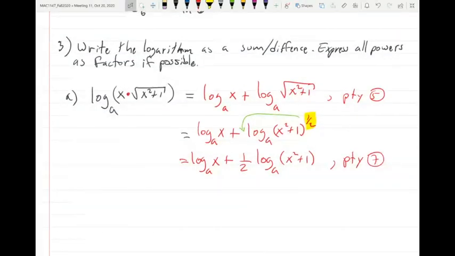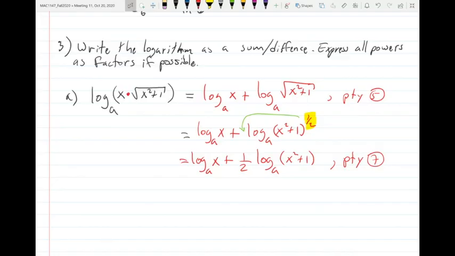Questions on this so far? Right, and now notice that there is nothing else that we can do. There is no property that says that the log of a sum is the sum or the product of the logs. We don't have that. You cannot split that second logarithm that we have here, log base a of x squared plus 1.